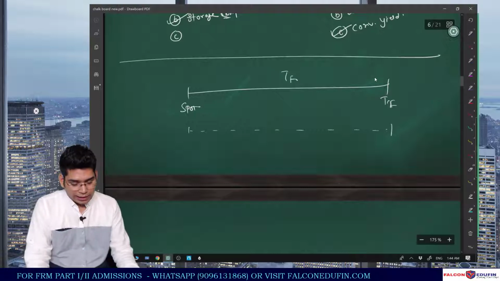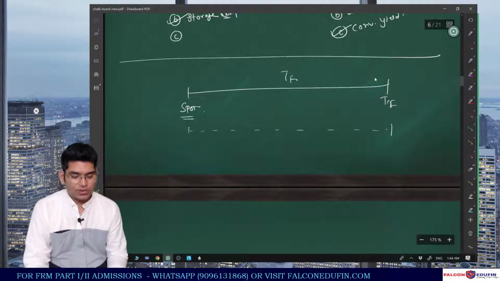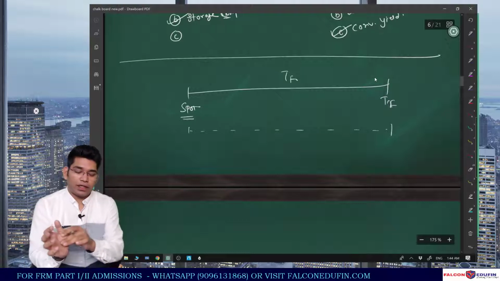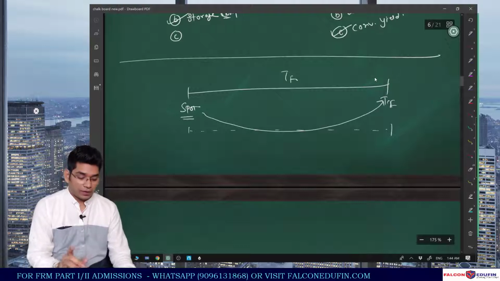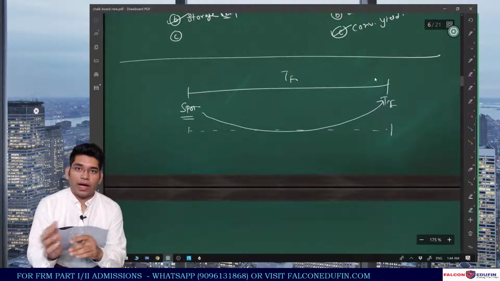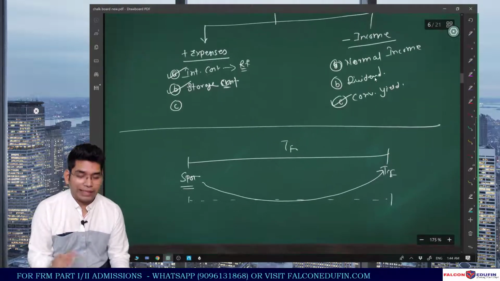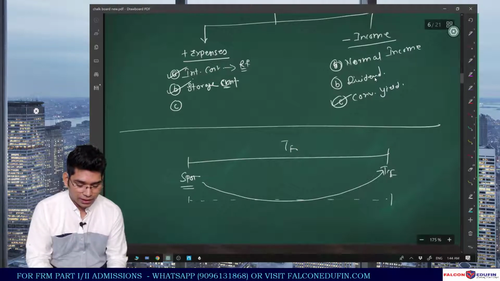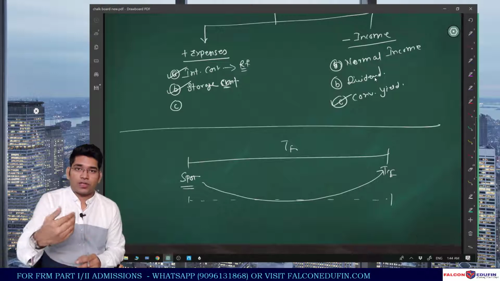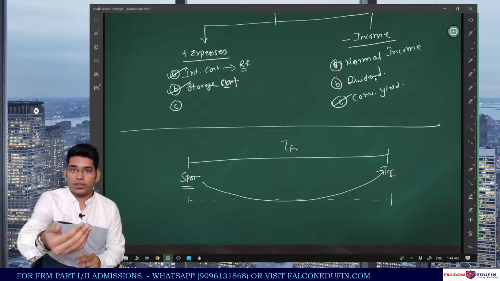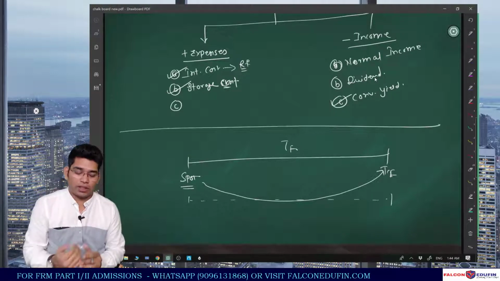Now spot is today's, we are multiplying it with e to the power RT to get this value. Now the question is, we are going to add and reduce a lot of other incomes and expenses. Here there is a storage cost. Storage cost can be half yearly, at the end of the period, or at the beginning of the period.